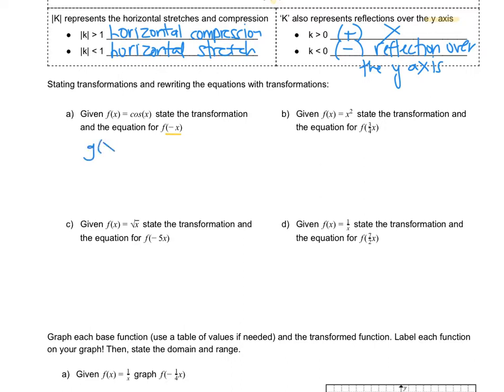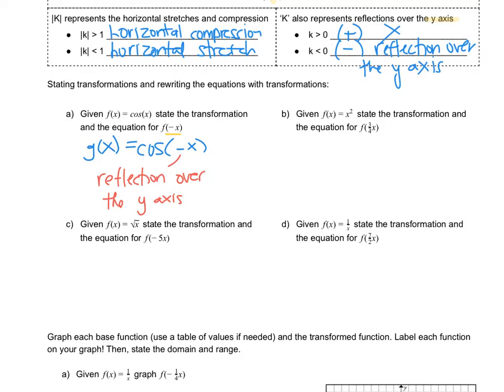So my transformed function g of x, but you can use any letter, is going to be cos negative x. And because it's within the bracket, that's your clue that it's horizontal. So now, because the value is negative, I know there is a reflection over the y-axis. And because the absolute value is 1, there's no stretch and no compression.